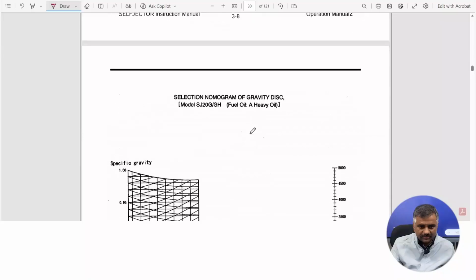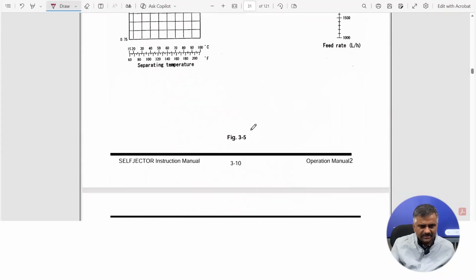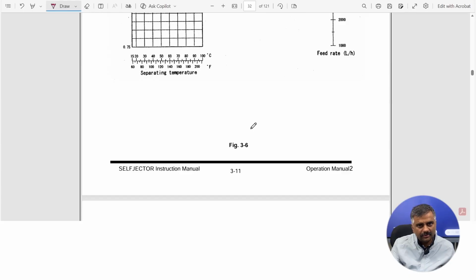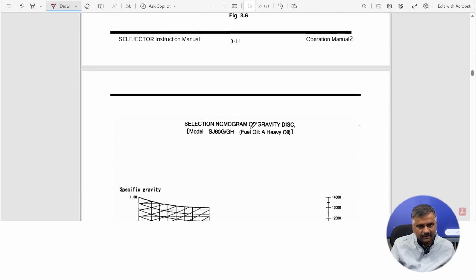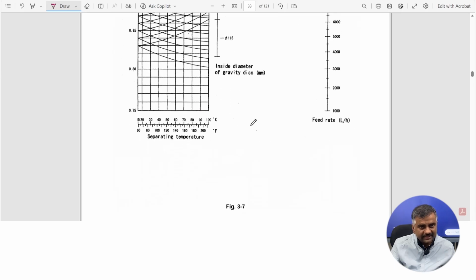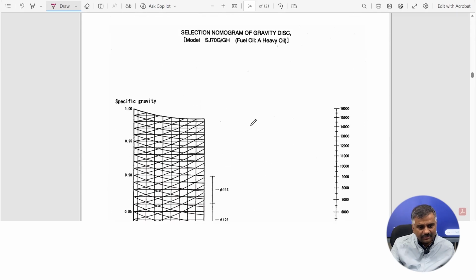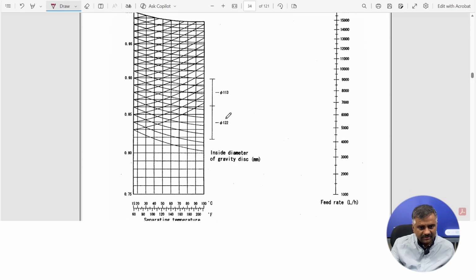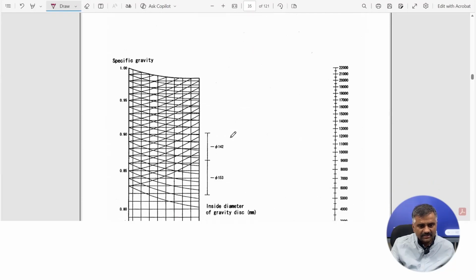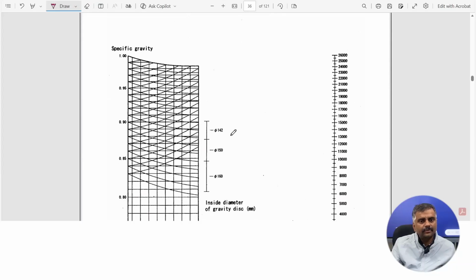Similarly, a number of gravity disk examples will come depending upon your manual on board, or whatever purifier is there on board. On that basis you can plot it on the curve and find the exact size of the gravity disk. So basically the process is the same.